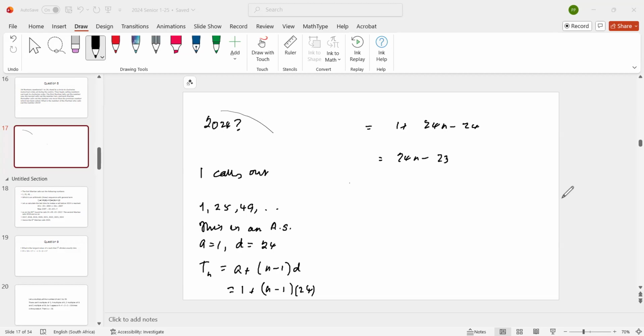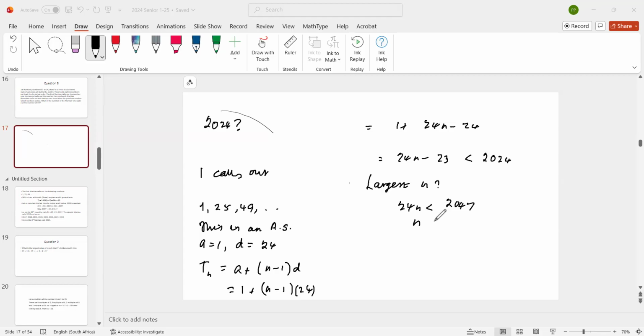Now, I want to get as close to 2024 as possible because this is what the first person calls out. I want to see what the first person calls out closest to 2024. So what is the largest value of n? You see here that this makes 24n, bring the 23 to the other side, and you have 2047.